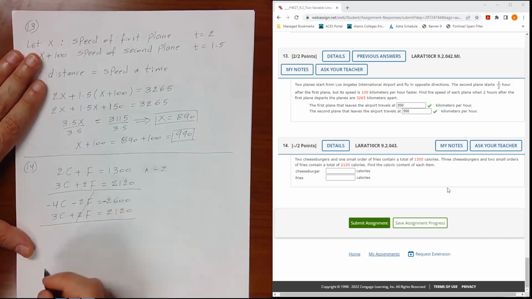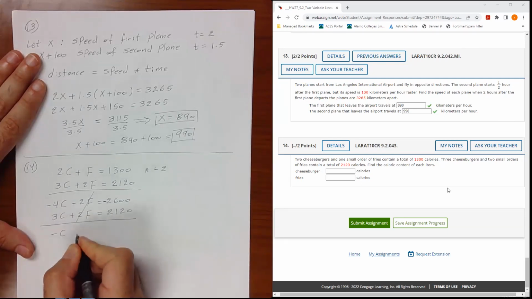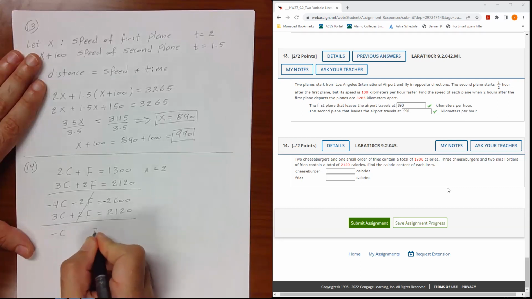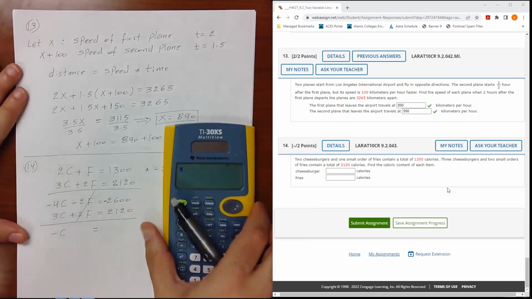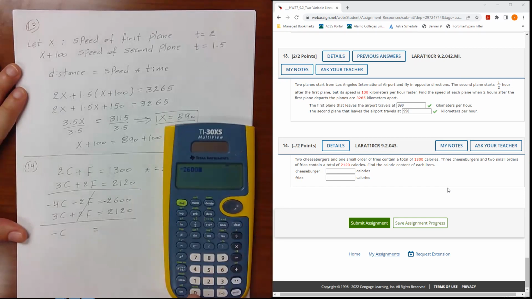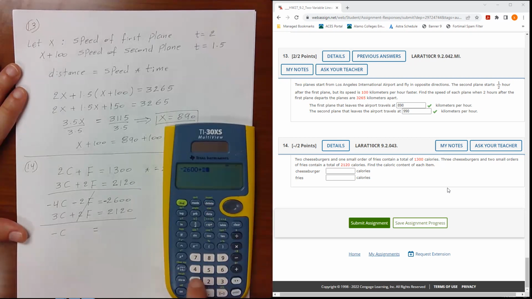This is cancelled. Now negative 4 plus 3 is going to be negative c, equal to negative 2,600 plus 2,120.